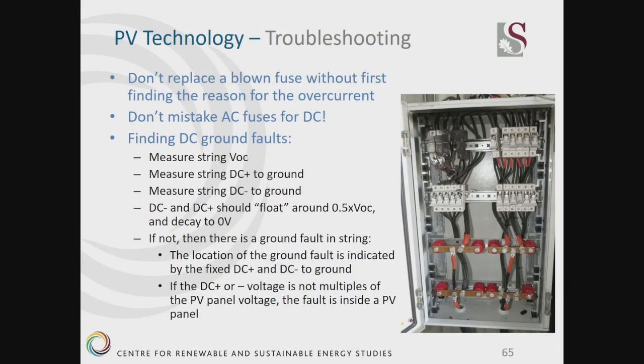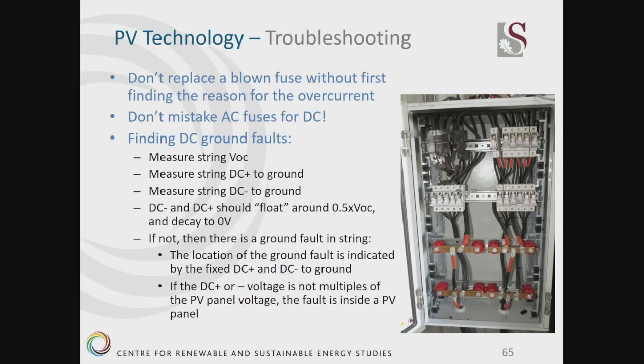Finding DC ground faults can be done by measuring the string open circuit voltage, and then measuring the string DC positive side to the ground and the DC string negative side to the ground. DC negative and positive should float at around half of the open circuit voltage and then decay to 0.